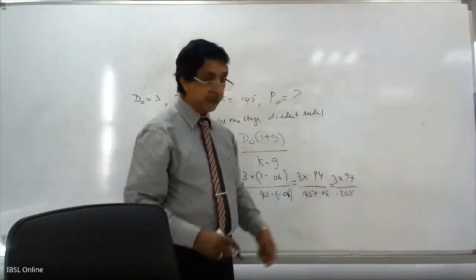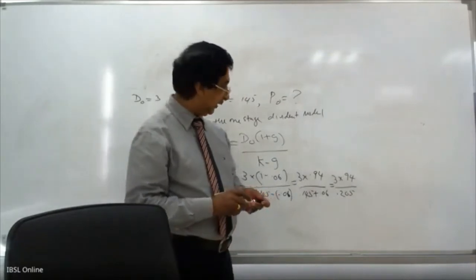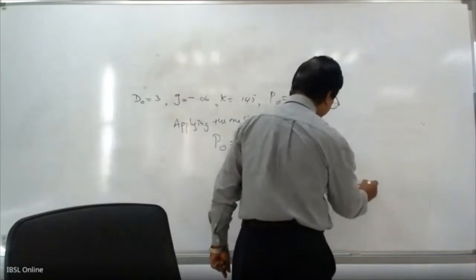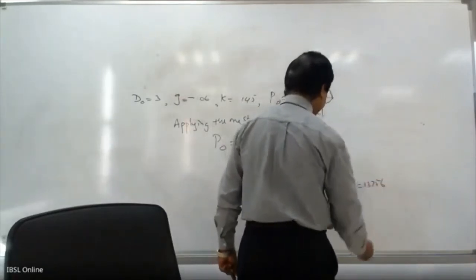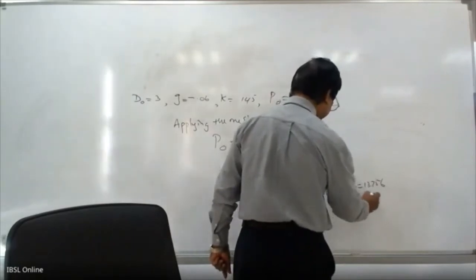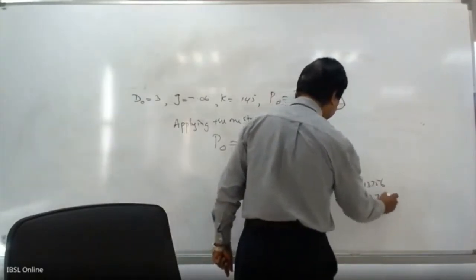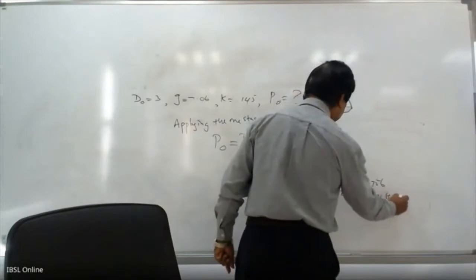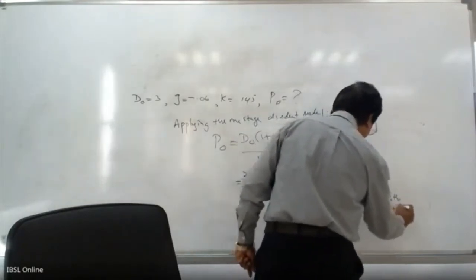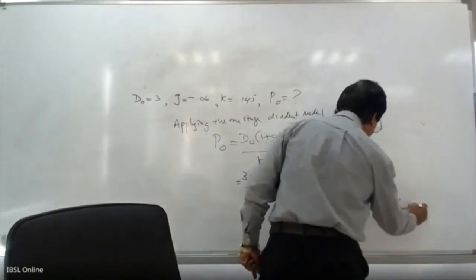And when you calculate, you get a value of 13.756, and we can say 13.76 to the nearest 2 decimals.